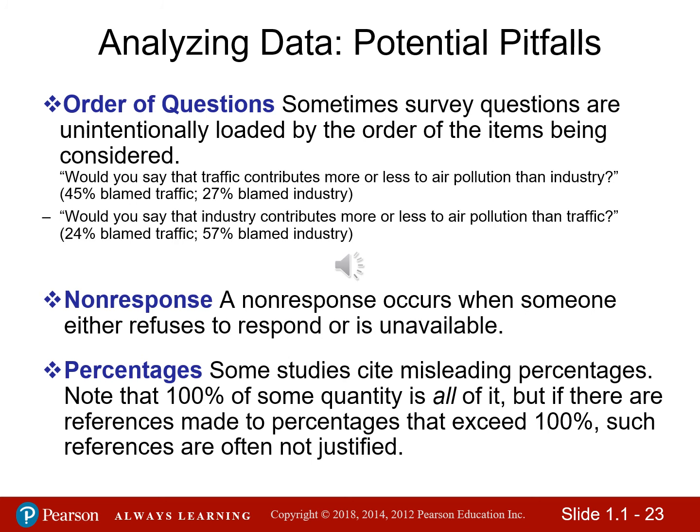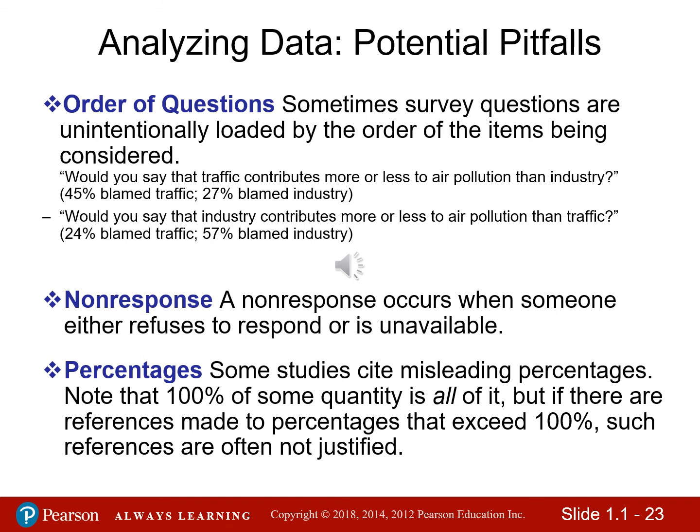Some additional pitfalls we want to avoid include the order of the questions. Sometimes survey questions are unintentionally loaded by the order of the items being considered. Surveys can also be intentionally worded in order to elicit a desired response. For example, a poll conducted in Germany asked the following two questions and received two different results.